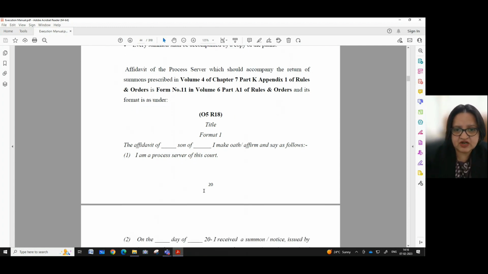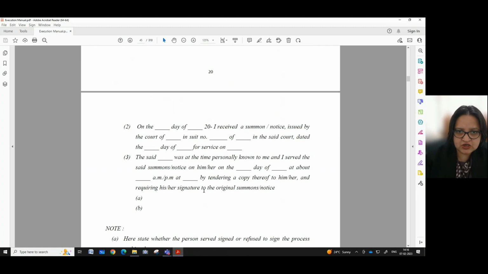It says the affidavit of dash, son of dash, that is, the name of the process server is to be given here with his complete particulars. I make oath or affirm and say as follows. I am a process server of this court.